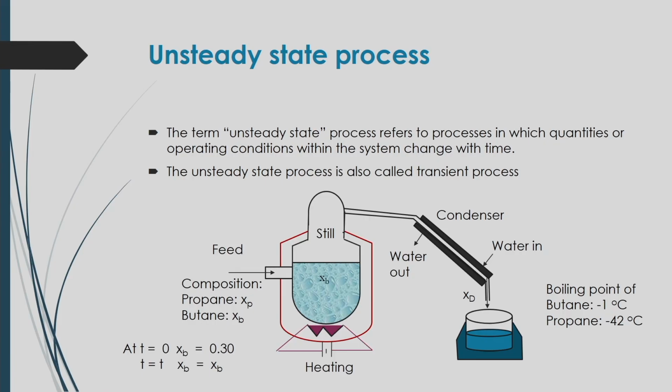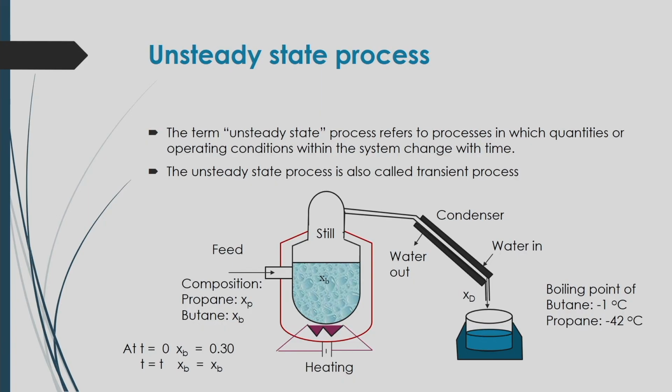Instead of this propane and butane mixture, it could be any mixture of components of different boiling points. The lower boiling point component will come out as a vapor whenever it is heated, and then it will be condensed and taken out as xd, the distillate product after separation.